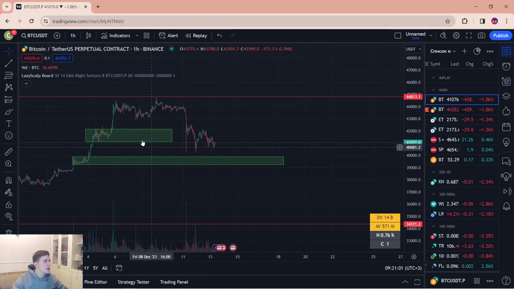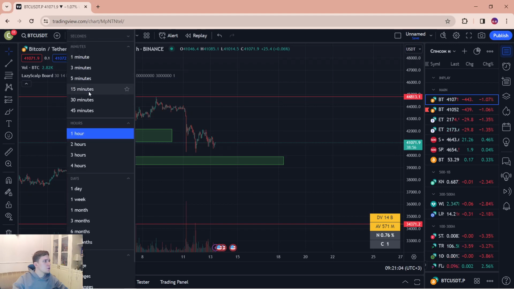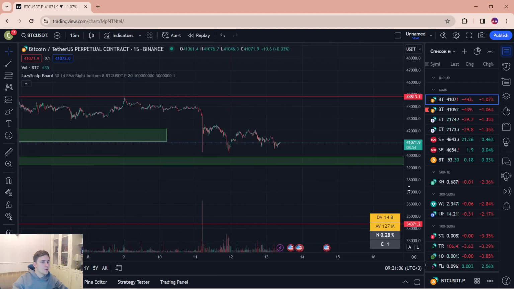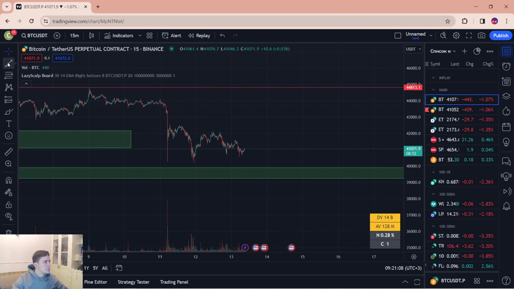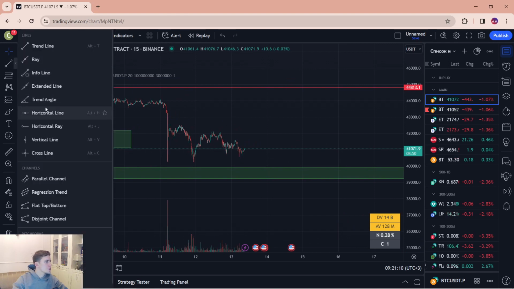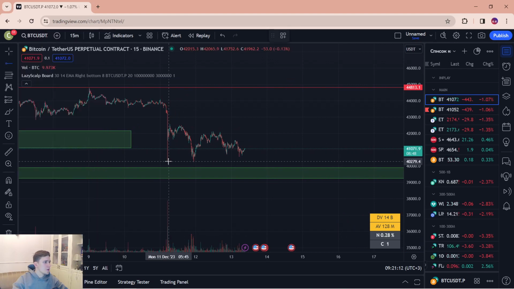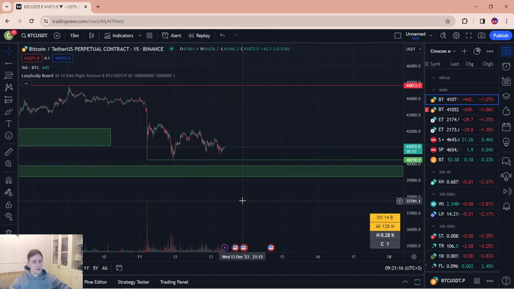But anyway, if we turn to the 15 minutes time frame, here we see local lows that will probably be broken as well.